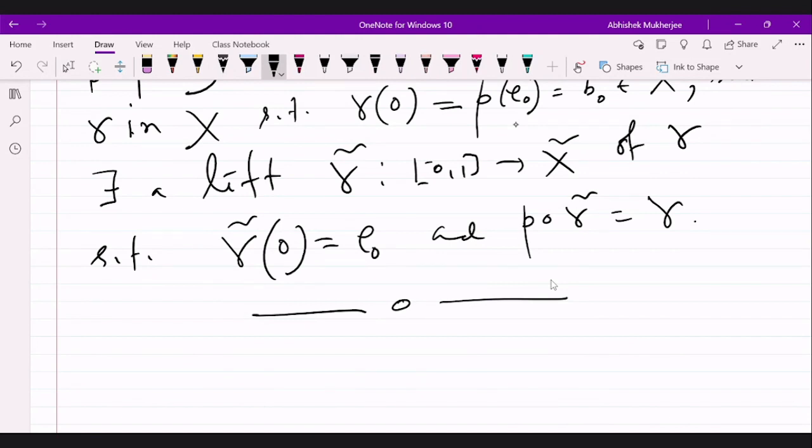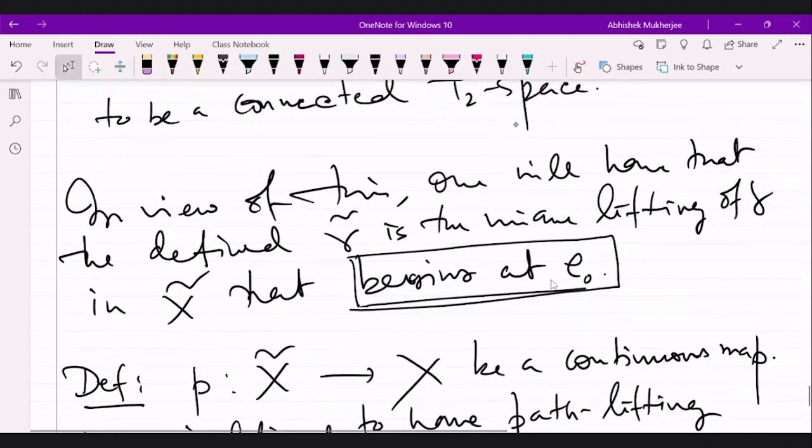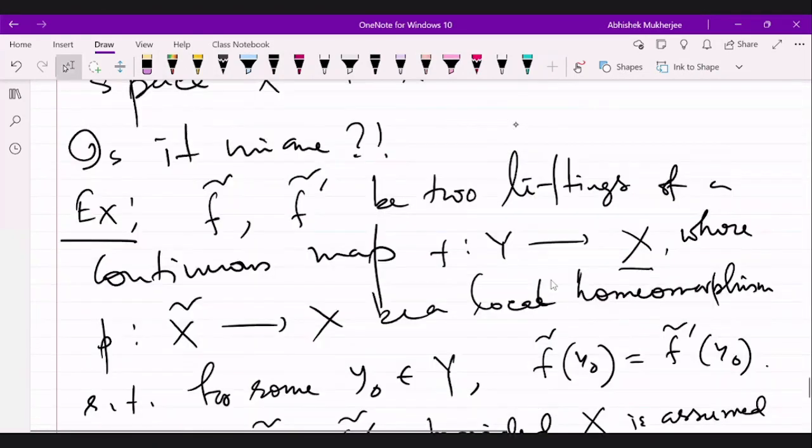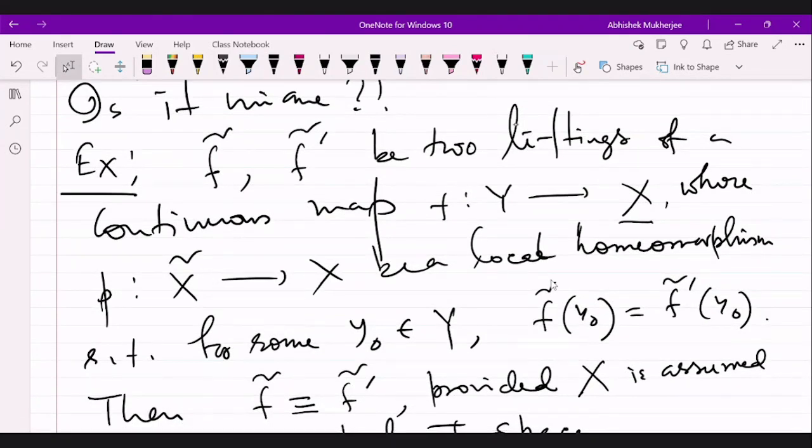So any question? Could you go back? Could you scroll up a little bit? A little more. Okay, yeah, right there, about the uniqueness of the liftings. Should it be Y is connected T2, not X?